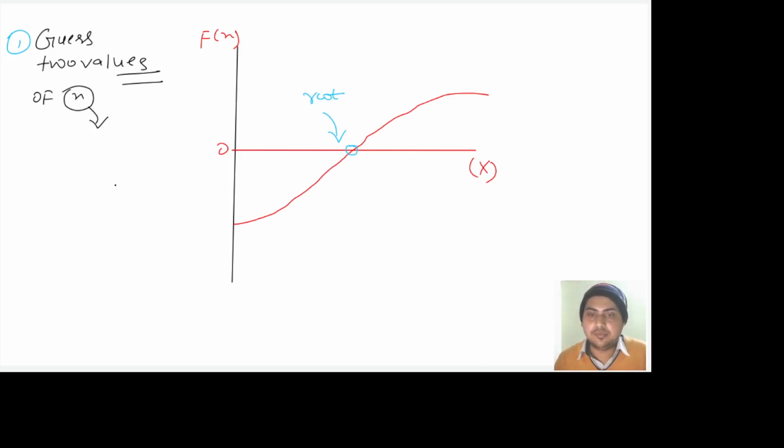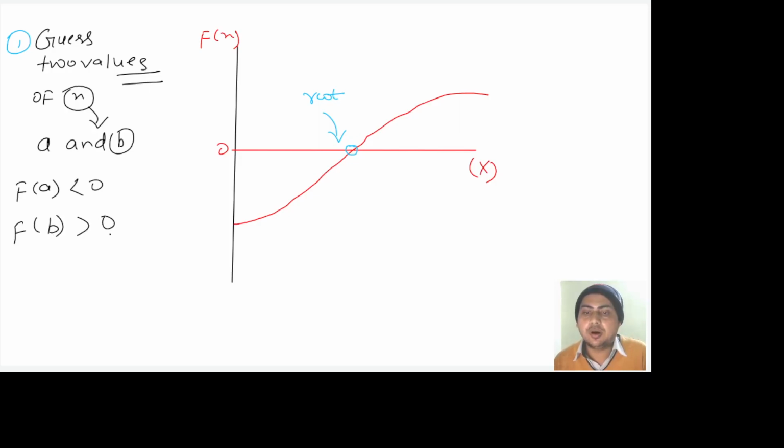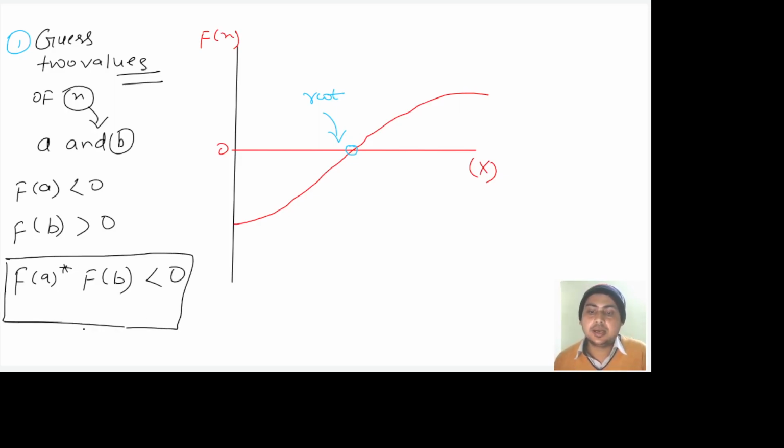That means, let's say the values are a and b, then if f of a is negative, then f of b should be positive. Or we can say in other way, f of a times f of b should always be negative. This is the condition for our initial guess, and this holds true in every iteration in the bisection method. So let's say I am choosing a and b like this.